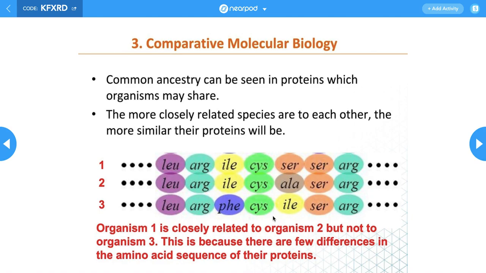If I ask you which of these organisms are the most closely related, you would probably think 1 and 2 because there's only one difference between them, so they must be more similar. If I go for 1 and 3, there are 2 differences, which means organism 3 has mutated further away from organism 1. So these two are closely related, while these two are far related because they have more mutations between them.